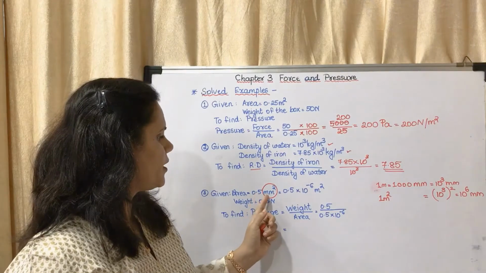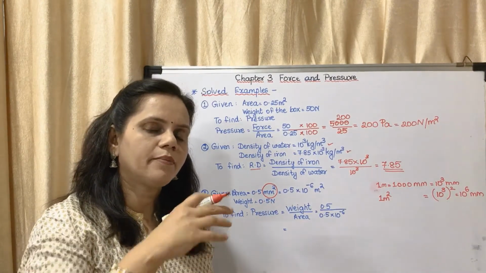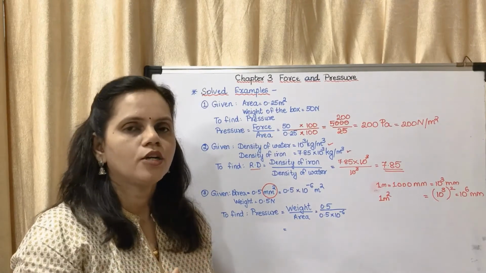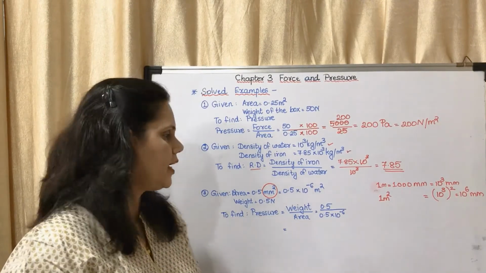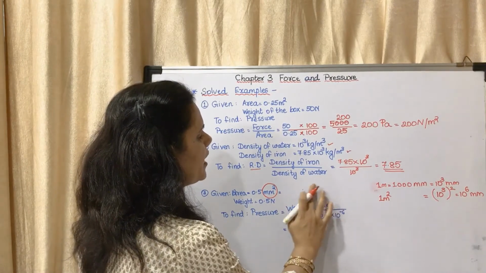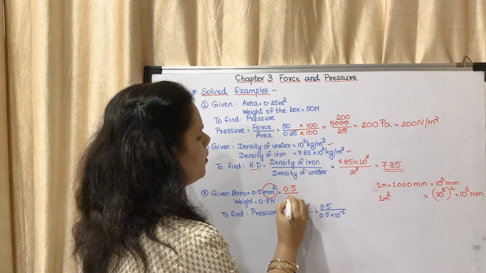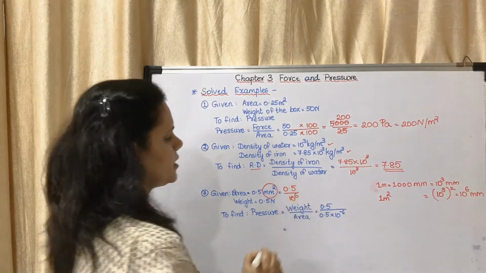So 0.5 millimeter square, when you are going to convert from millimeter to meter, you have to divide. That means you are dividing 0.5 upon 10 raised to 6.